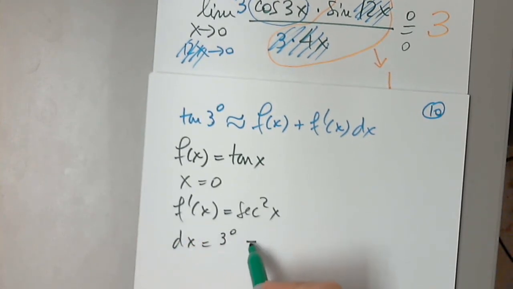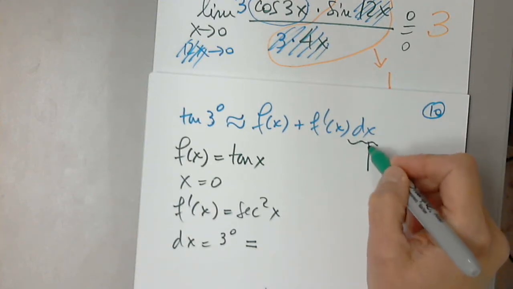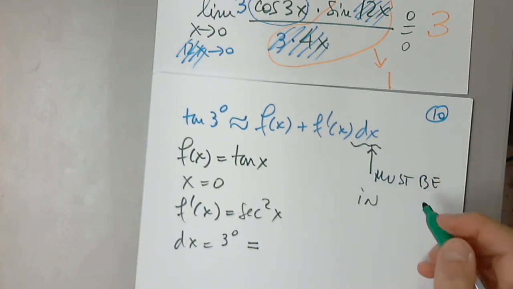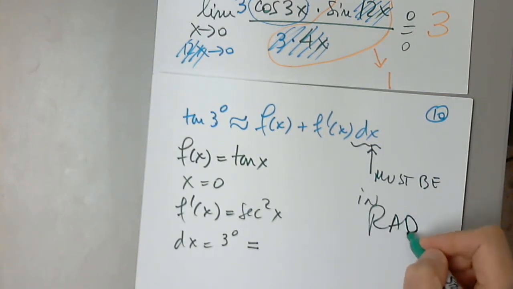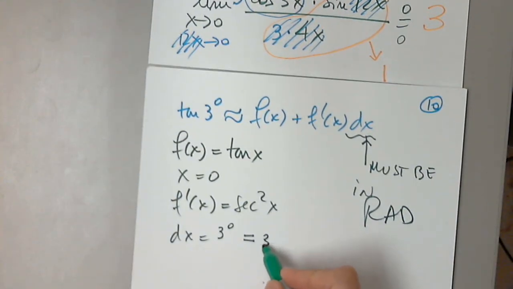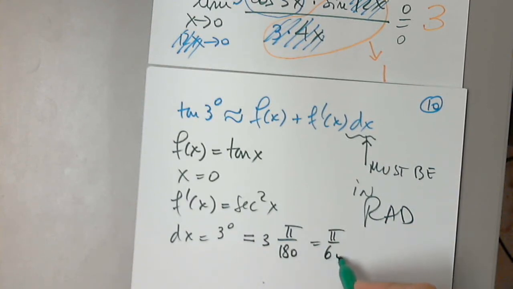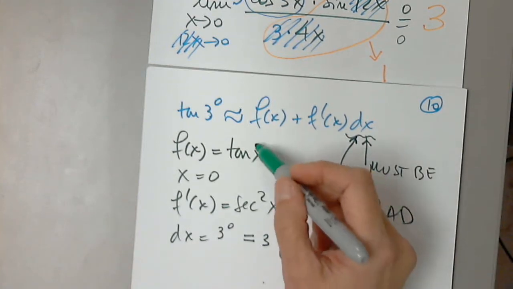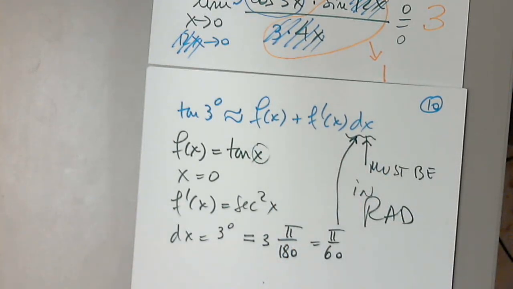Right. But remember, in here, it must be in radians, which is 3 times pi over 180, or pi over 60. This piece, inside tangent, it doesn't matter if you plug in degrees or radians.